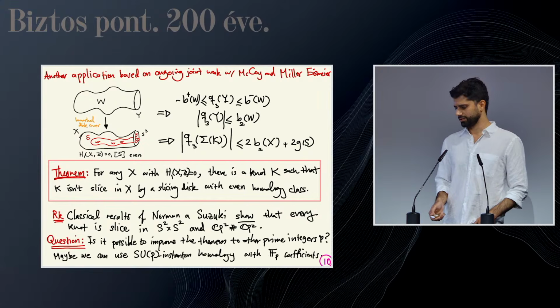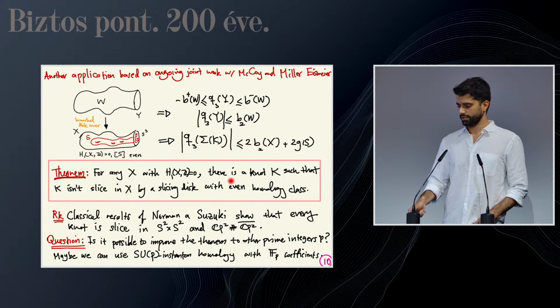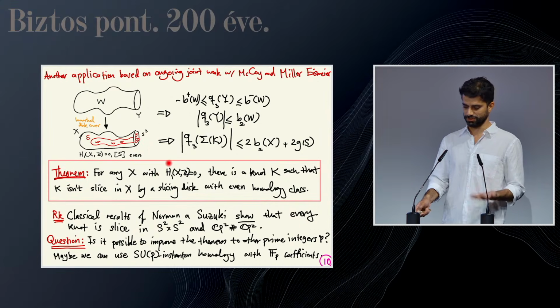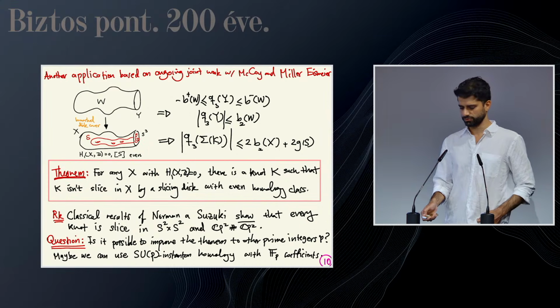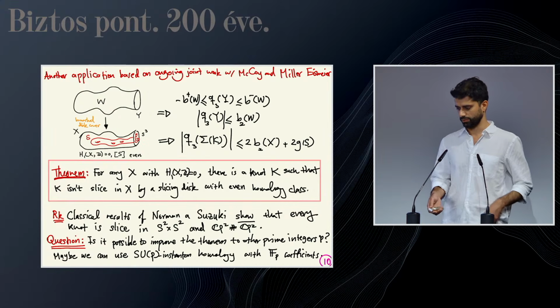And I think in light of this theorem, it's natural to ask if this can be done also with respect to other primes. Is it possible to show that there are knots in some arbitrary 4-manifold so that it is not slice in your 4-manifold if the homology class of the slicing disk is divisible by p, if that's part of the assumption?